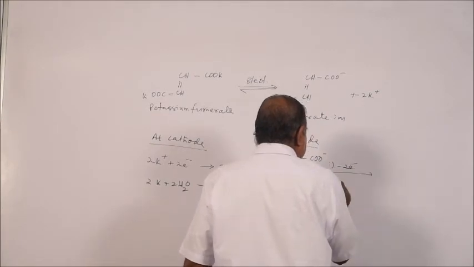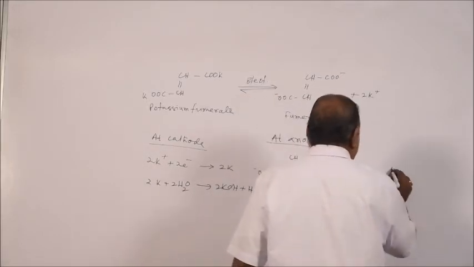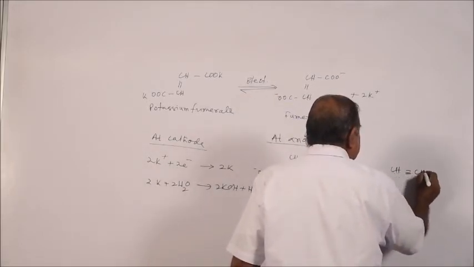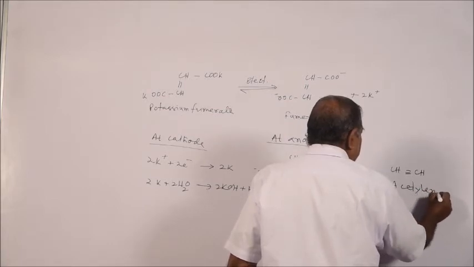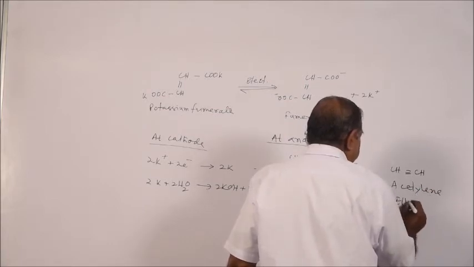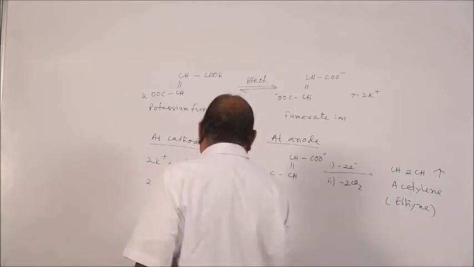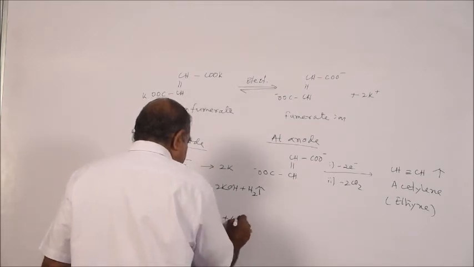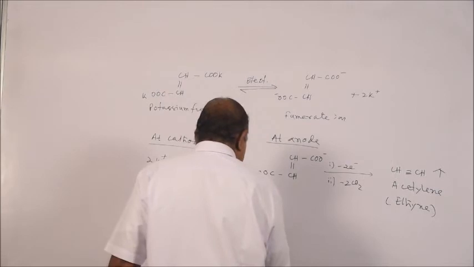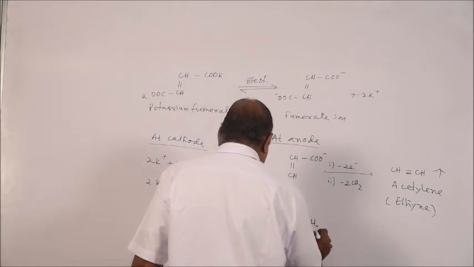First step, electrons are removed. Second step, carbon dioxide is lost. You are getting here acetylene. Common name is acetylene, IUPAC name is ethyne. The carbon dioxide will be absorbed by the potassium hydroxide, so it will not be released, giving you potassium carbonate plus water.